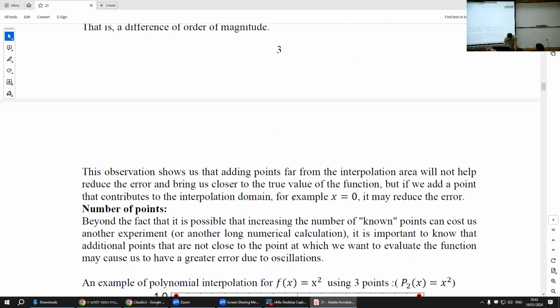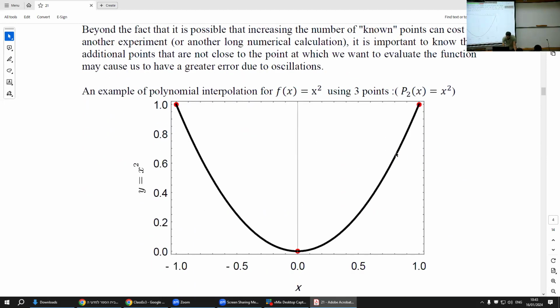So we talked about the errors, and here is the example. Suppose that the real function is x squared, but we don't know that it is x squared. Someone told us that the value of the function at -1 is 1, at 0 is 0, at 1 is 1, and we use the Lagrange polynomial to interpolate the function, for example, for a point here.